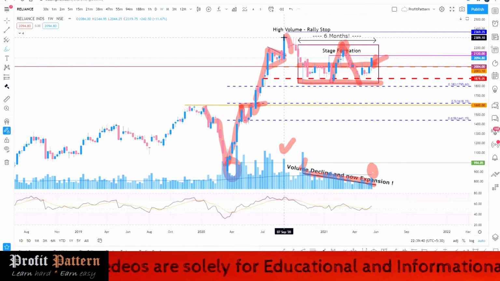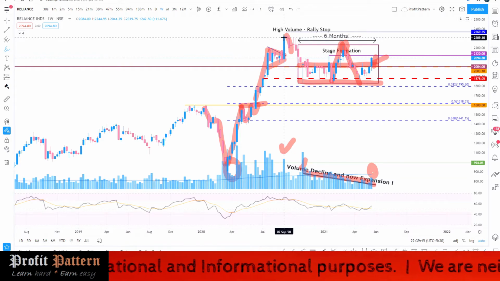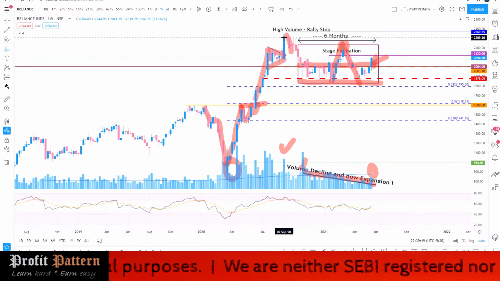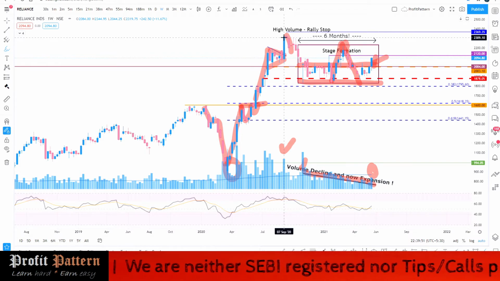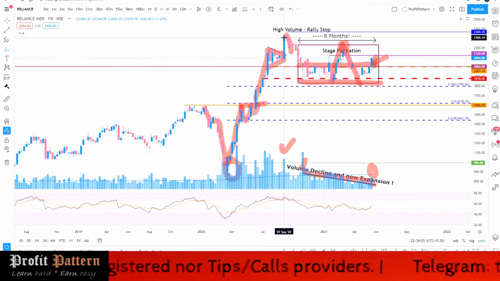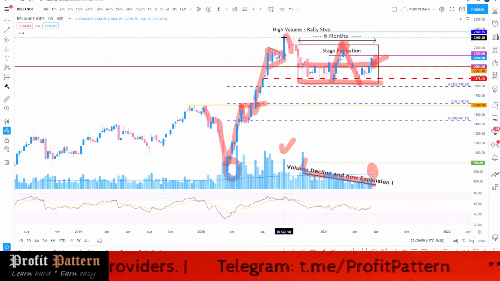If that high is taken out, that will give me more confidence. I will add 10 to 15% capital on that breakout, and not more. Yes, I will wait for a good pullback, and once I get a good pullback at the 2400 level area, then I will deploy the remaining capital.